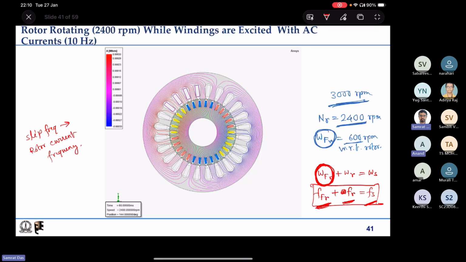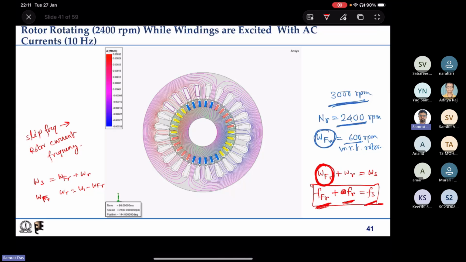Say we are exciting the stator with frequency omega_s, and we are exciting the rotor at frequency omega_fr, then the rotor speed will be decided by this. So omega_s has to be omega_fr plus omega_r. So omega_r has to be omega_s minus omega_fr.